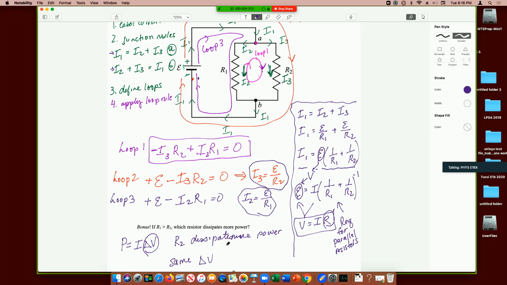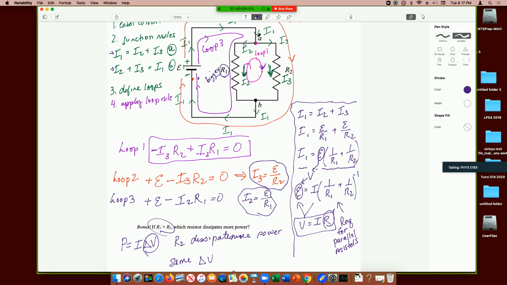Sorry, that's only true if we're using that. They tell us that. We don't know that from what we just worked out, you're absolutely right. But it's in the question. So we're starting with the assumption that R1 is bigger than R2. If that's the case, the bigger the resistance, the smaller the current. Let's say this is bigger.